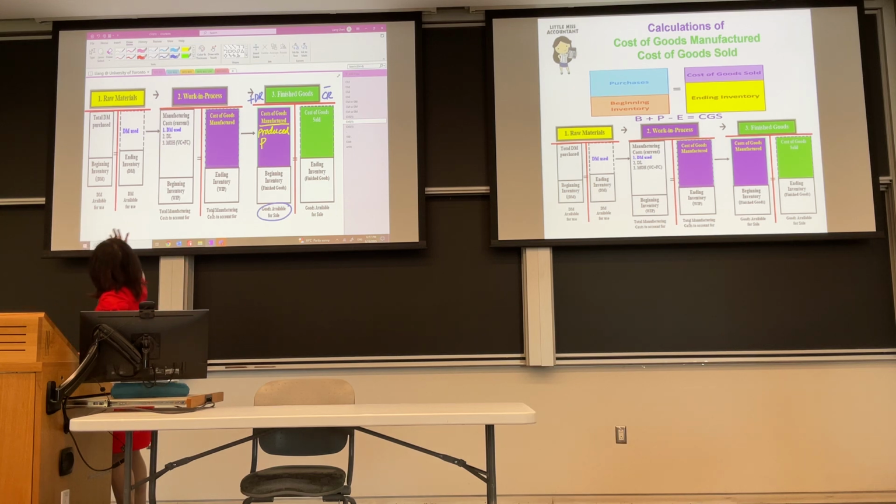Okay? So this is the raw material. Now, if it's direct material used in the production, then it goes to here. Material used. If you don't use all of it, you have leftover, then you have an ending material left over.